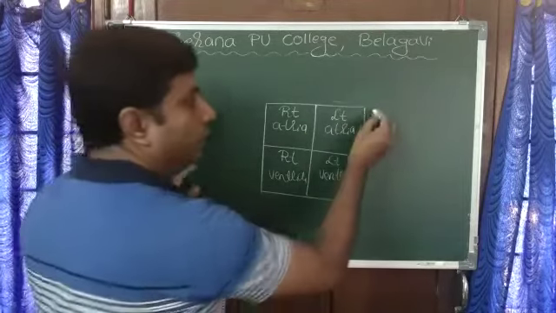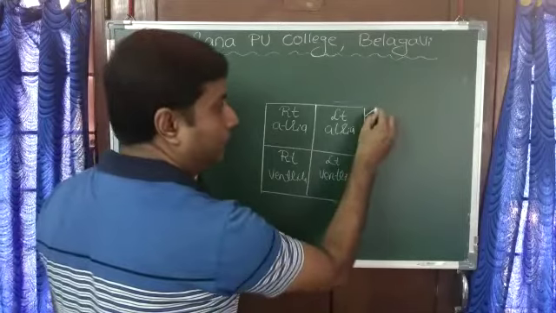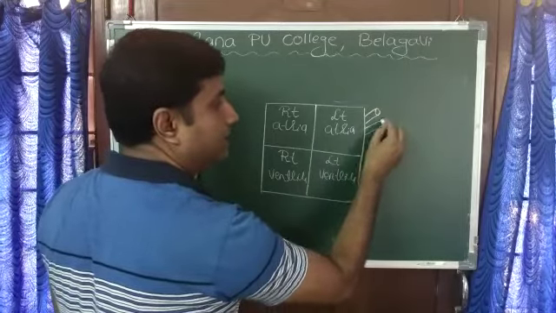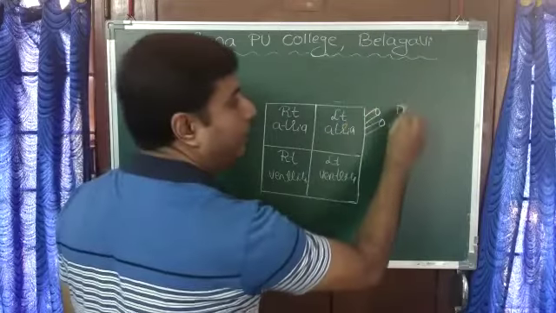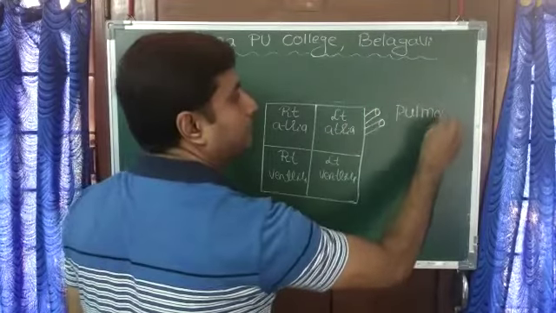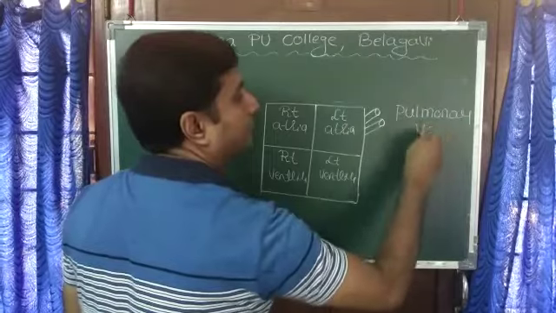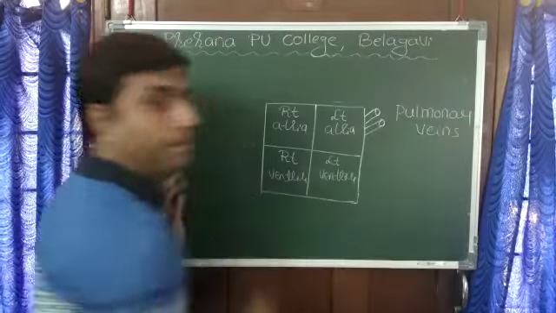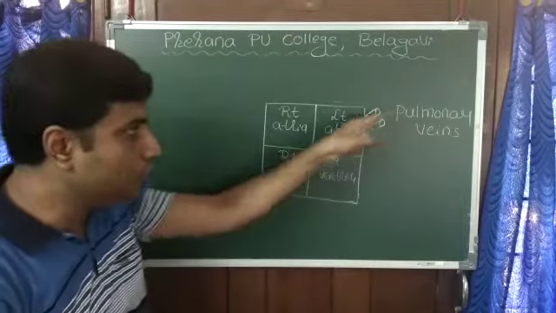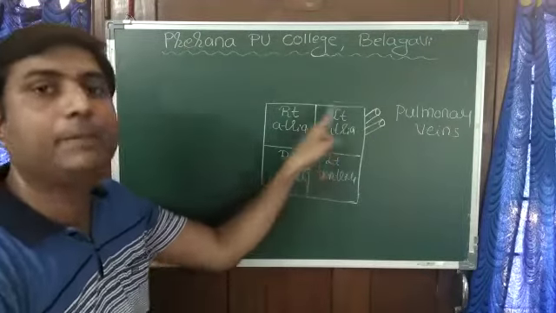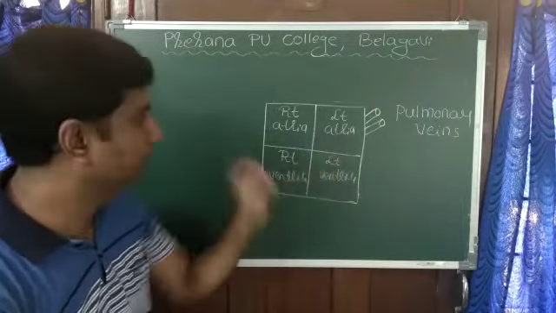There is a blood vessel called the pulmonary vein. Pulmonary veins bring oxygenated blood into the left atrium.